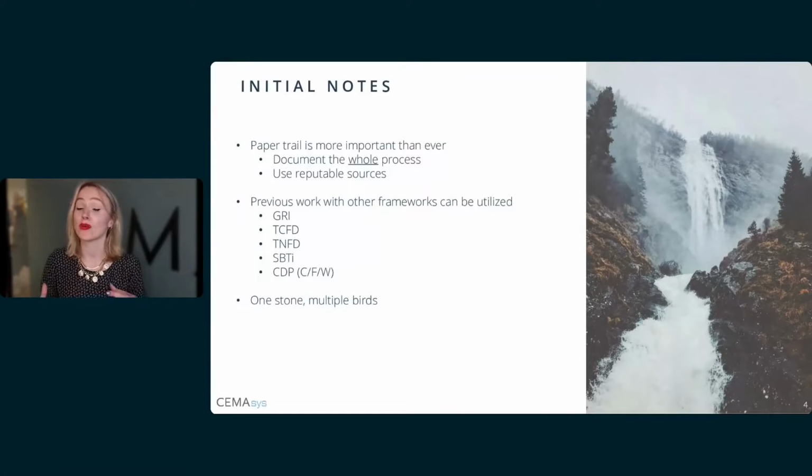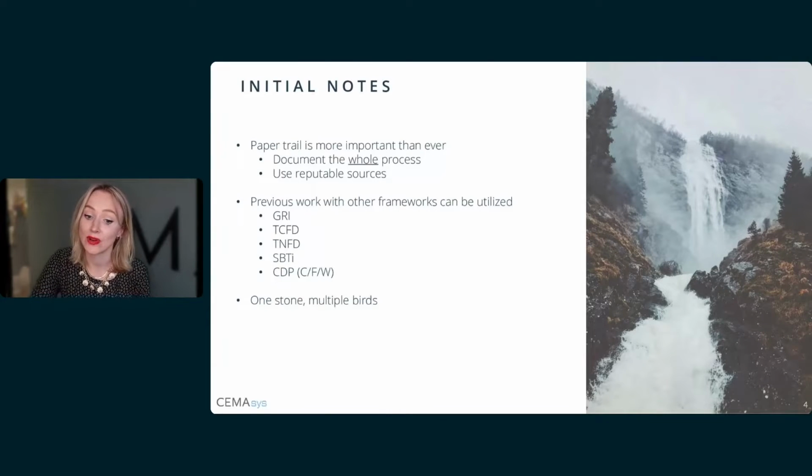As you probably know, these are existing standards and frameworks. The good news with ESRS, CSRD, and double materiality is that you don't have to reinvent the wheel in many cases. You can take a lot of the information that you have provided with these frameworks and supplement your CSRD reporting with it, also when it comes to double materiality.